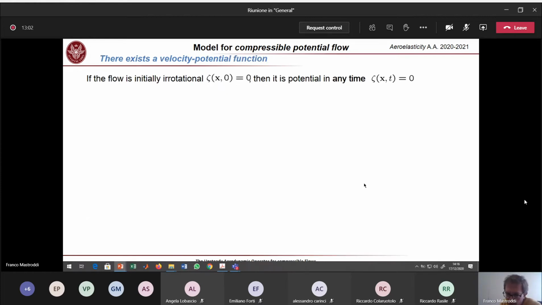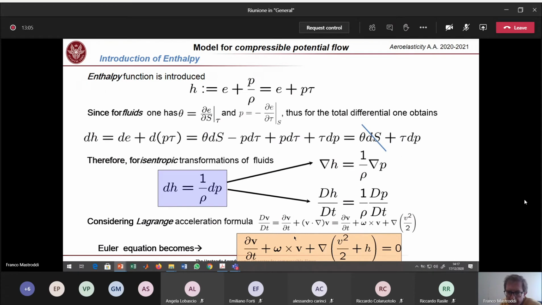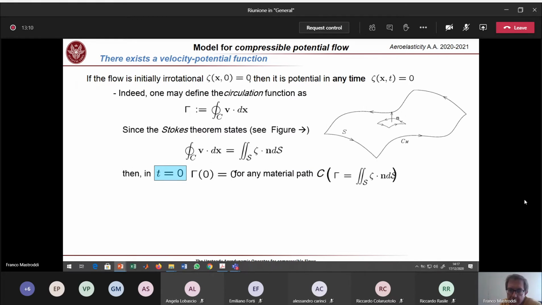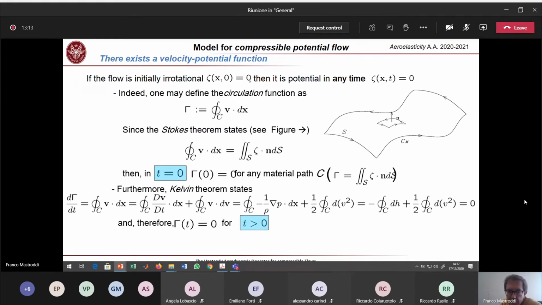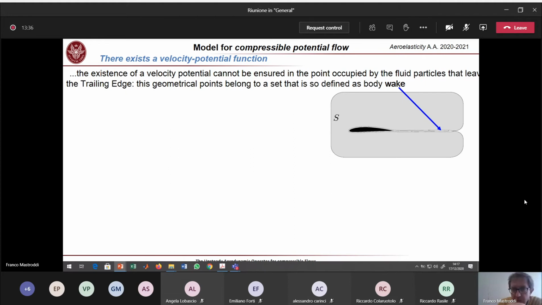We also introduced the general Lagrange acceleration formula, including this term with the vorticity, but we had the capability to extend our Kelvin theorem, and therefore using Kelvin theorem, Stokes theorem, and supposing that the vorticity is 0 at initial time, we have the capability also in this case for compressible flow to state that the flow is potential at any time and almost in any point, excluding the wake points, as you know very well.